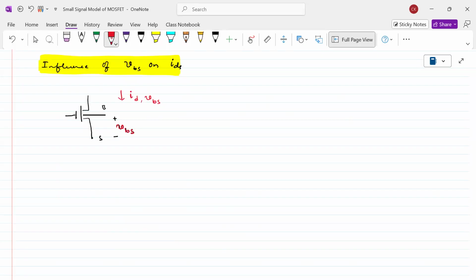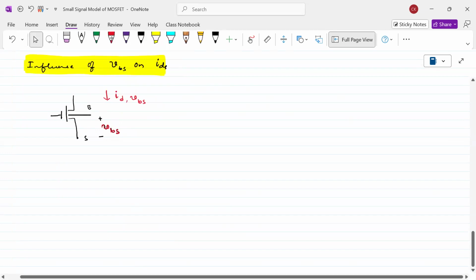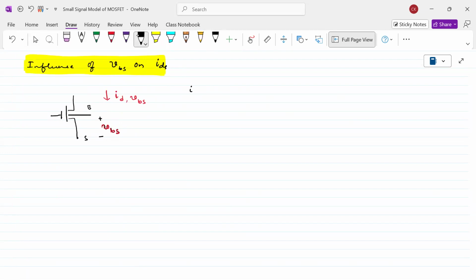So that means under this condition also we need to replace the MOS transistor with some kind of equivalent for the small changes. So the small change is the VBS, how it will influence the ID. Can someone help me? What is the meaning of this one? Here also we normally consider ID is proportional to what? VBS, right? What is the proportionality constant?